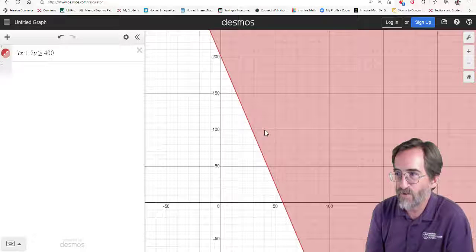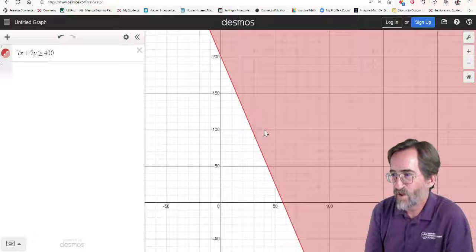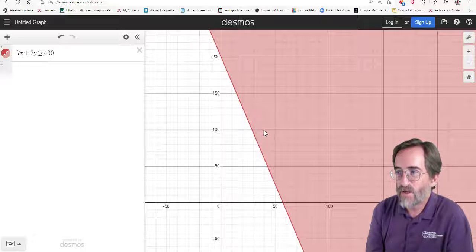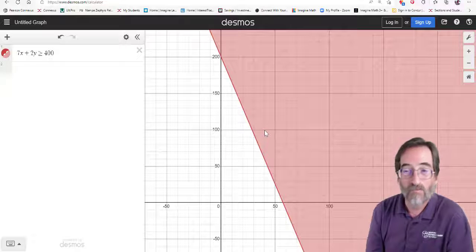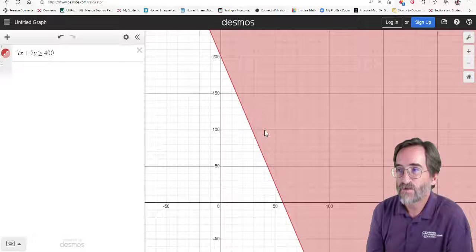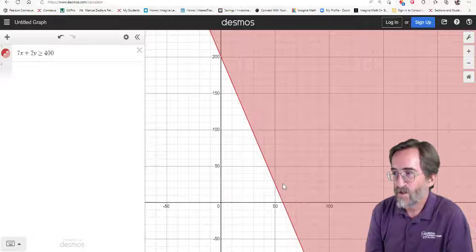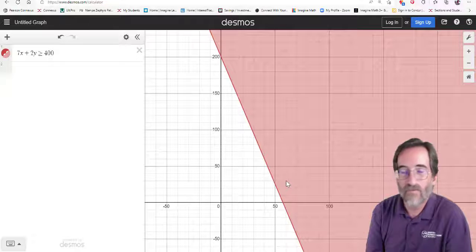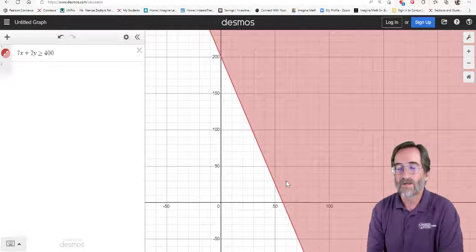So for example, this point where my arrow is, which is at 40 and 100. If I had 40 adults and 100 children, I would make more than $400, right? And here's another solution down here. If I have 60 adults and 30 children, I will make more than $400, right?